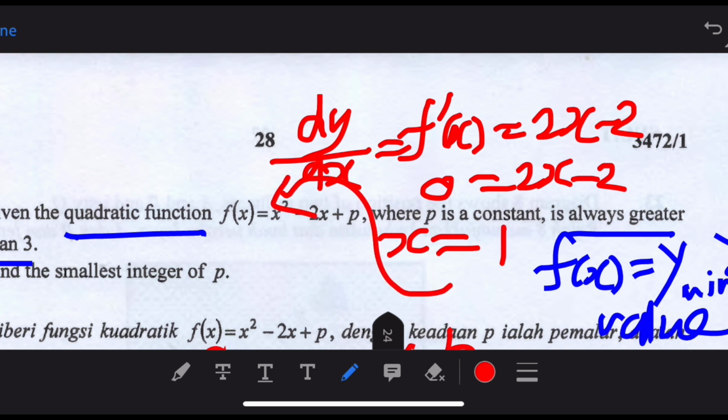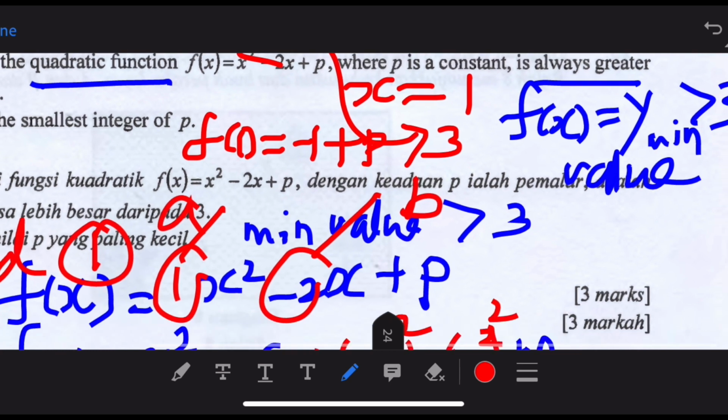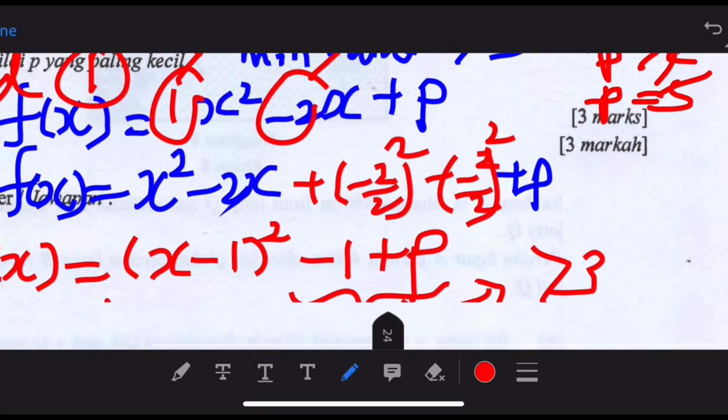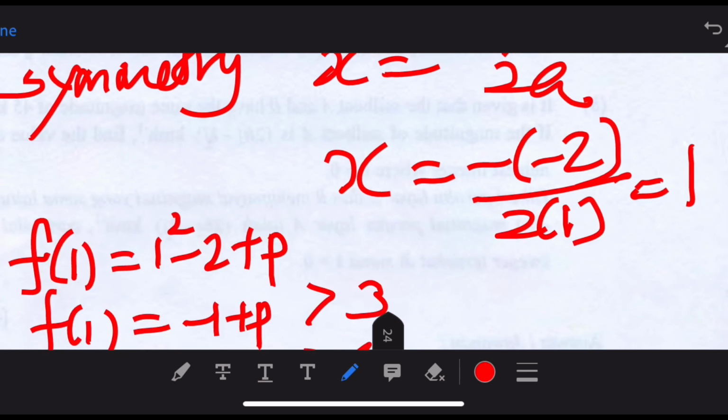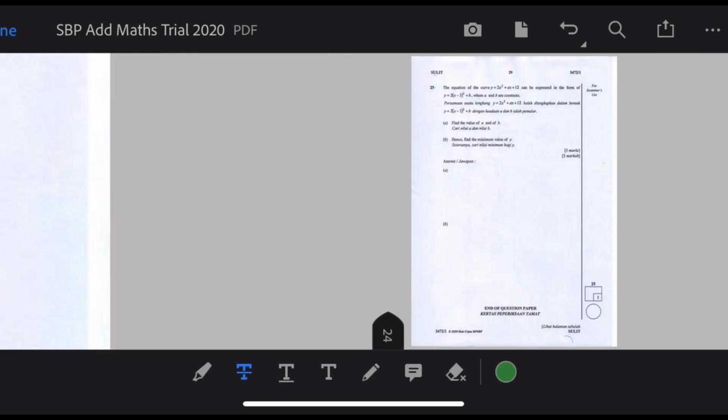The coordinate x: 2x minus 2 equal to 0, so x is equal to 1, and then you substitute x equal to 1 into the function. Then you find the value of y, which is more than 4. Okay, so your p is still 5. No matter which method you use, you will get the same answer.